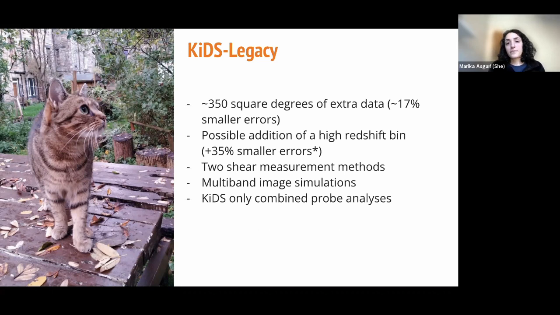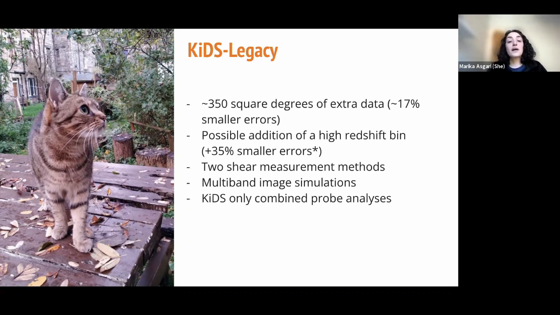Some of the other things we've done since then is to add another shear estimation method, because we relied on only a single shear estimation method before. So with two shear estimation methods, we can also test if it is the shapes of the galaxies that might be causing the tension, for example.